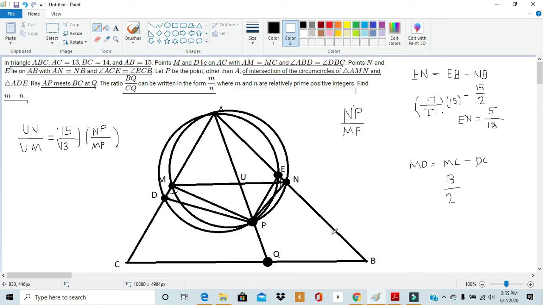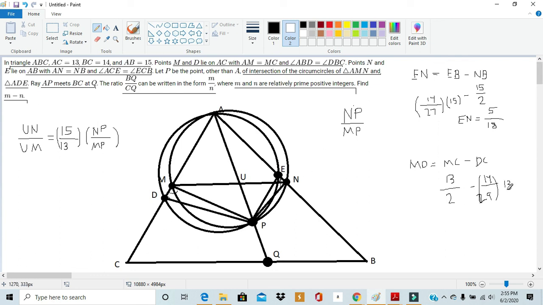Angle bisector theorem, as I said before, states that DC is equal to BC over BC plus AB times AC. So if we plug in the numbers, we get BC, which is 14, over BC plus AB, 14 plus 15, which is just 29, times AC, which is 13.